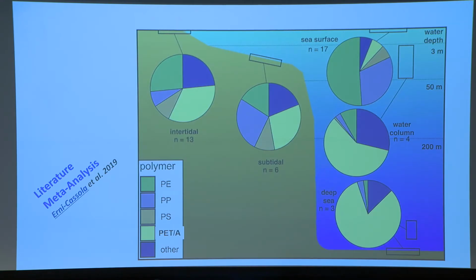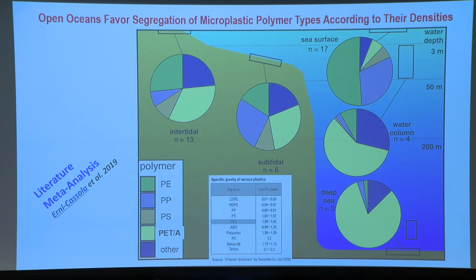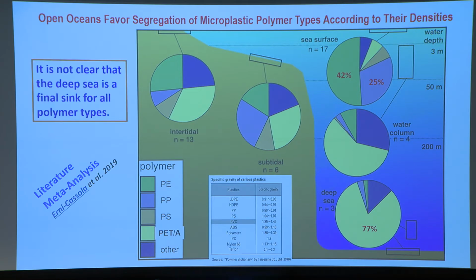The literature meta-analysis by Erni-Cassola indicated that the open oceans favor microplastic polymers based on their densities. So you can see about 40 to 75% of the polyethylene and polypropylene are found in the surface water, and 77% of the PET is found in the lower, bottom waters.